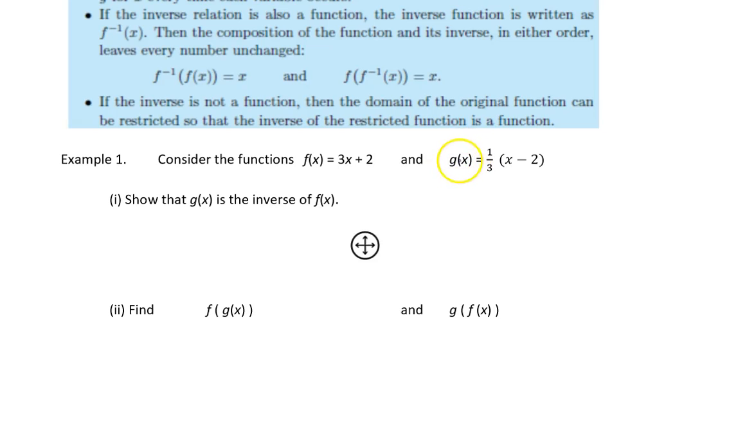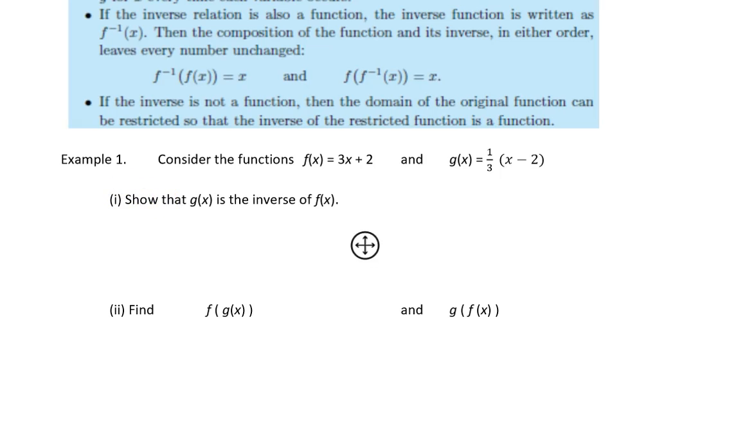Keep in mind that g of x could have been written as f inverse of x. Or we could just start with f of x, replace f of x with y, go through the process of swapping the x and y, and show that you create this. I'm going to do it both ways for you.